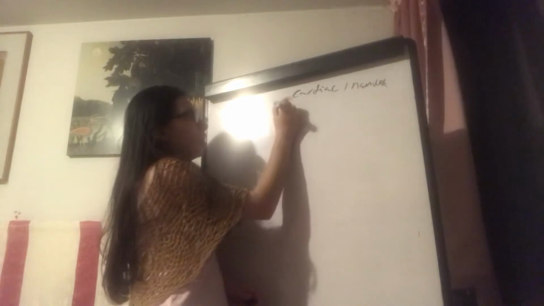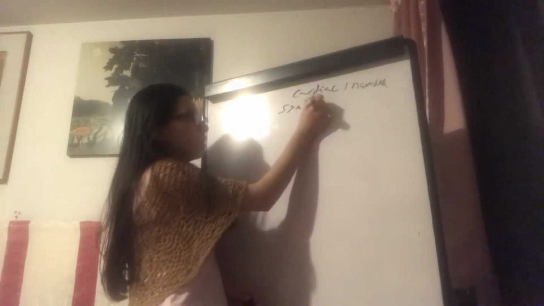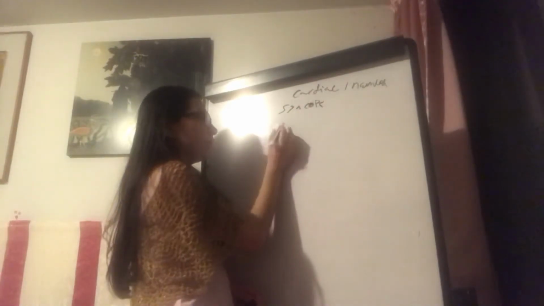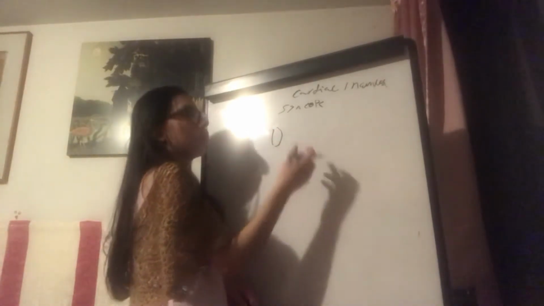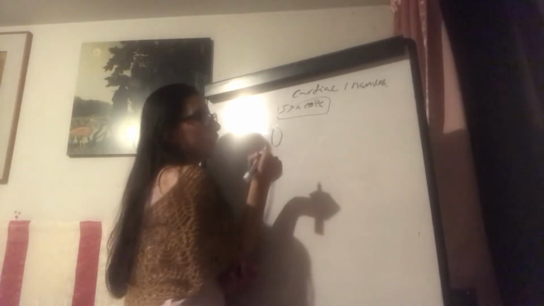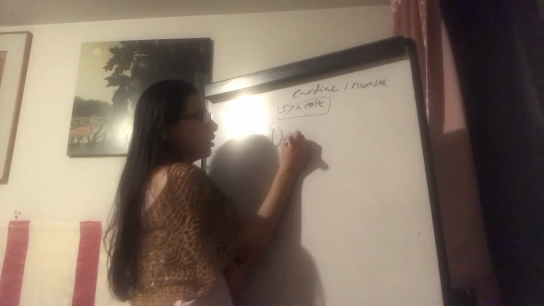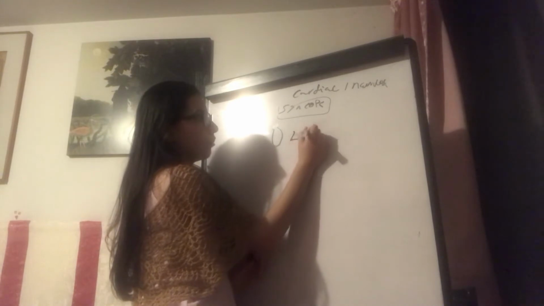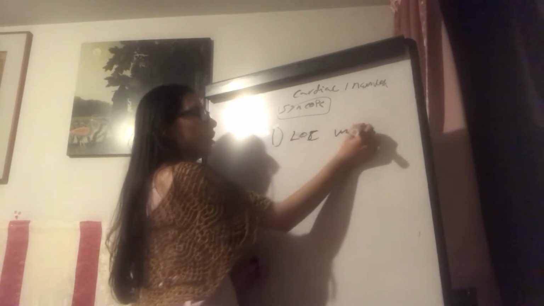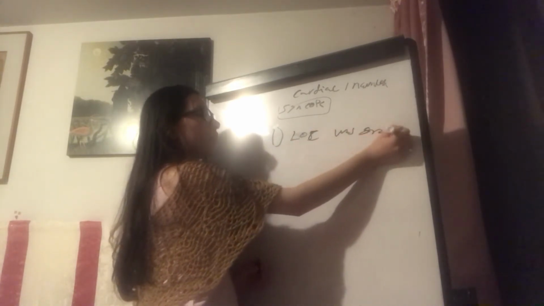Once we know that there is a syncope, then we will proceed. Here we need to ask 3 questions. The first is whether the loss of consciousness was gradual or sudden.